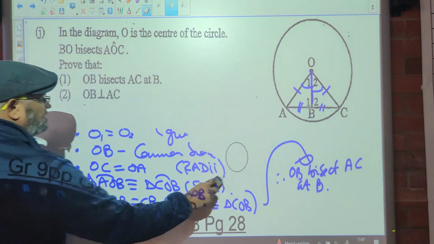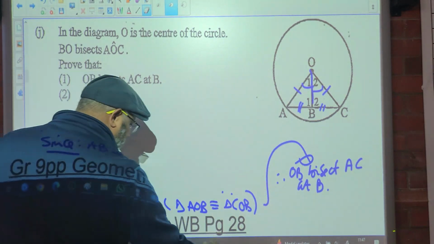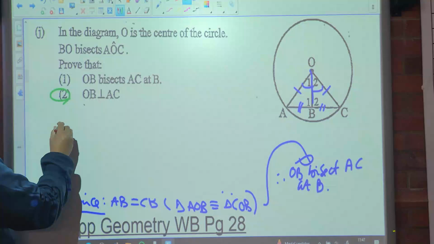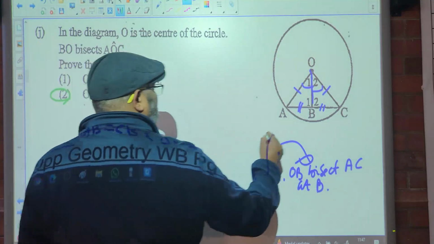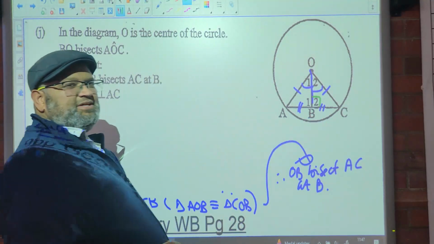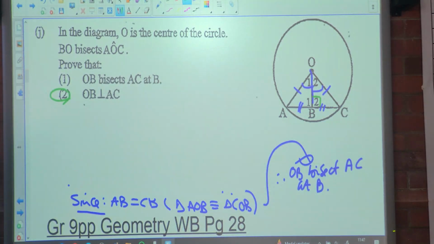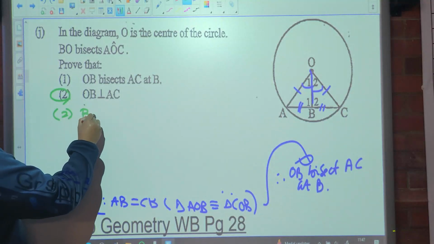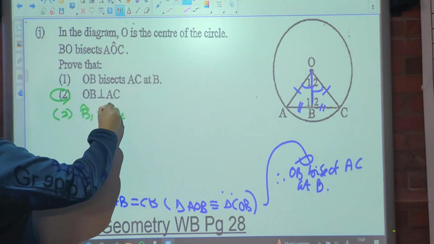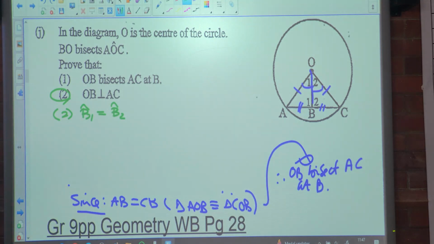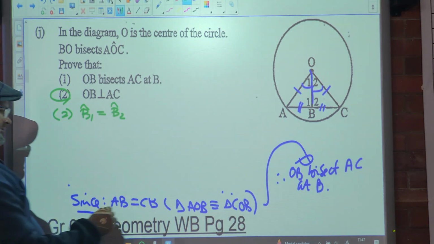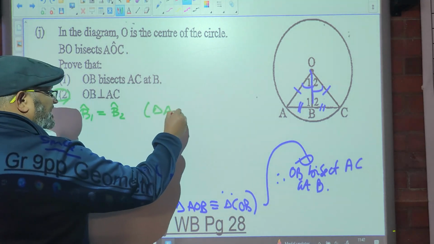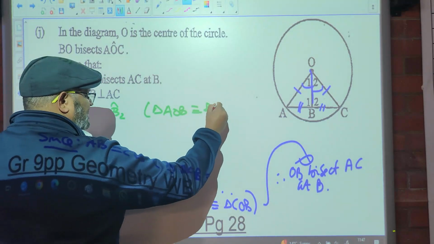Right. Then we are told to prove that OB is perpendicular. Let's prove that it is perpendicular, or 90 degrees. Not so? But what do we know? We know that B1 is equal to B2. Why is B1 equal to B2? Because triangle AOB is congruent to triangle COB.